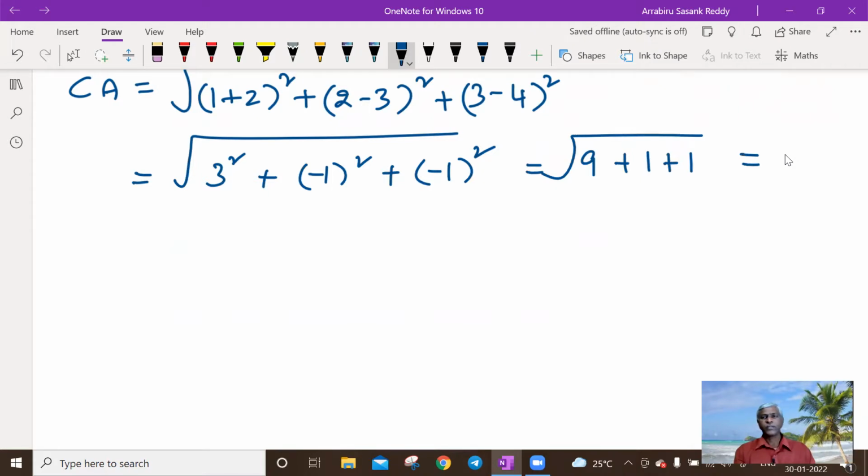So this is 9 plus 1 plus 1 is 11. So CA is root 11. This is the third.